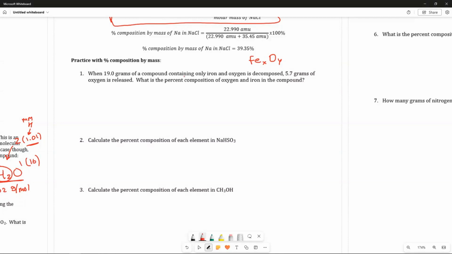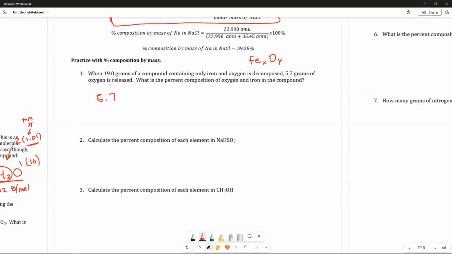If 5.7 grams of oxygen is released, it means there was 5.7 grams of oxygen in the compound in the first place. Now, knowing that, that's our part value, because the compound is composed of both iron and oxygen, but we were just given 5.7 grams of oxygen that was released.